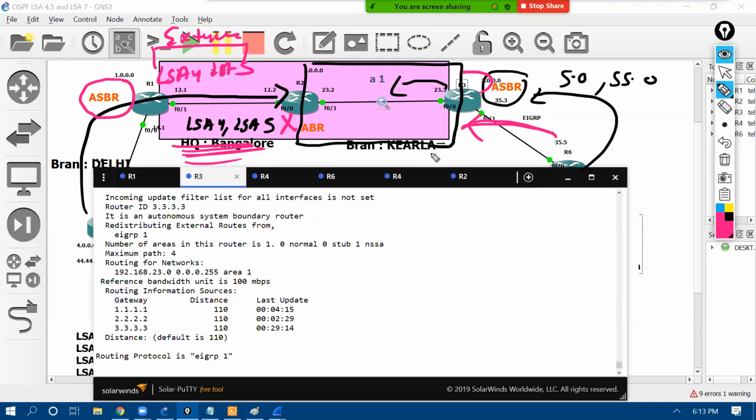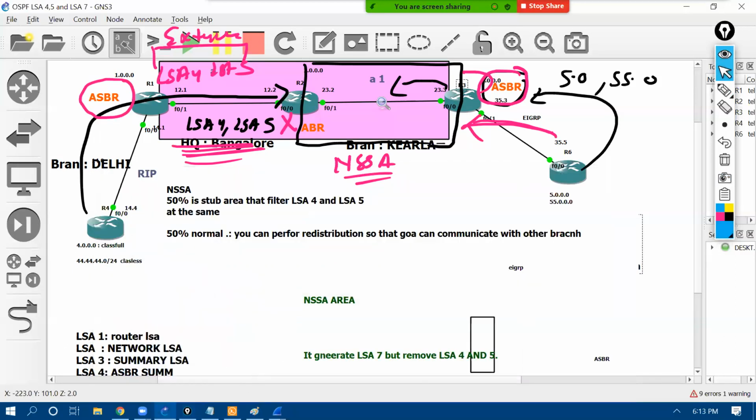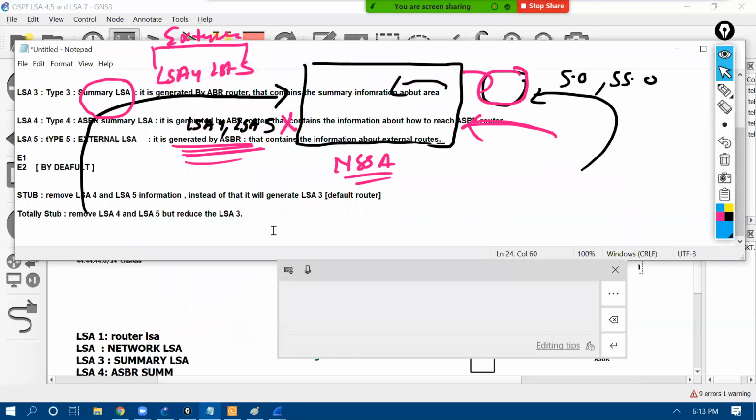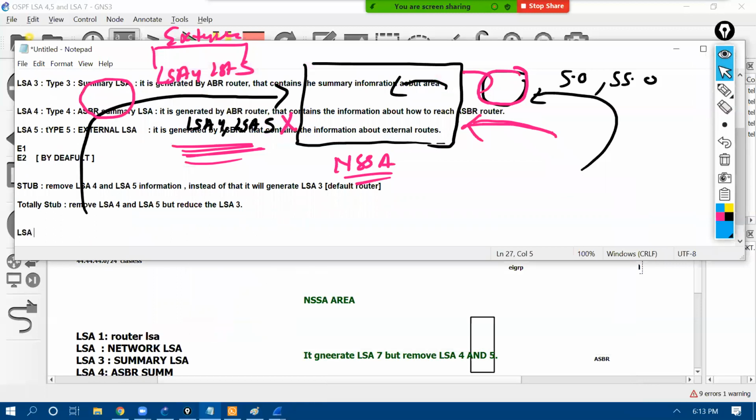So guys, what happens in this case? This is my NSSA area and it's a special type of area. Once R3 performs the redistribution, R3 is going to generate a special type of LSA, known as LSA 7.